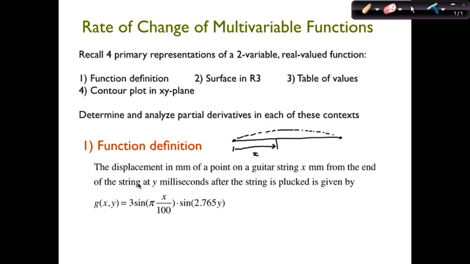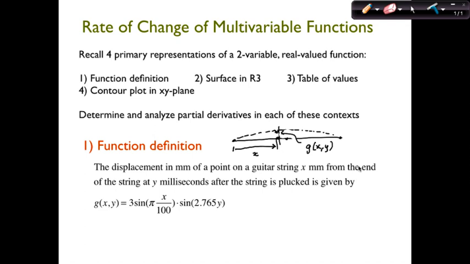So given an x and a time, values of g are the displacement of the string. So this is g of x, y. That vertical displacement is a dependent variable.